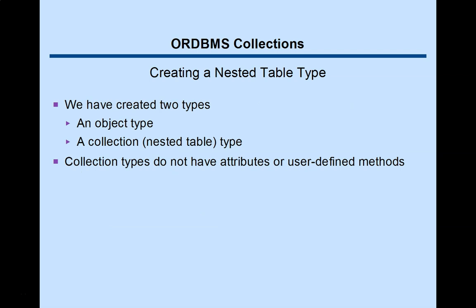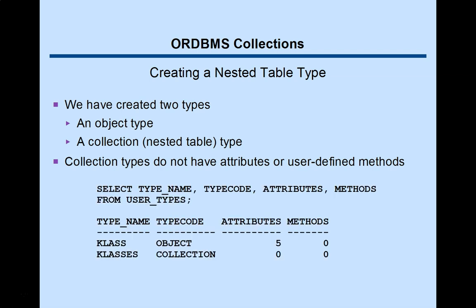In our examination of collections thus far, we have defined or created two types, an object type and a nested table type, which is one type or one form of a collection. We remind you that collection types don't have user-defined methods, but they also do not have attributes.